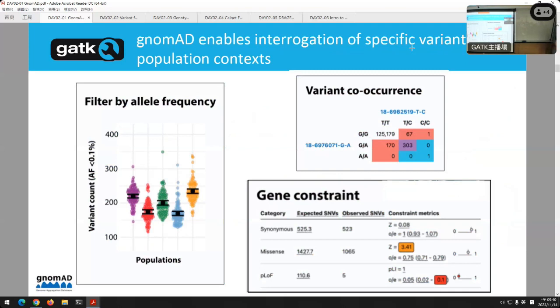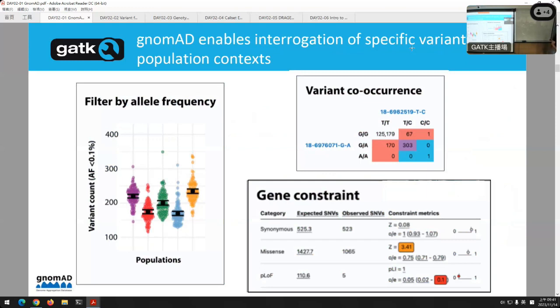We can also look at variant co-occurrence, so which variants occur together in the same individuals and are shared on the same haplotype. One downstream application of this is imputation. And we can also look at constraint. Where do we see that variation is depleted compared to what we would expect based on what we know about mutation rates?